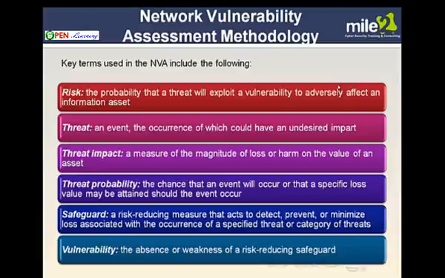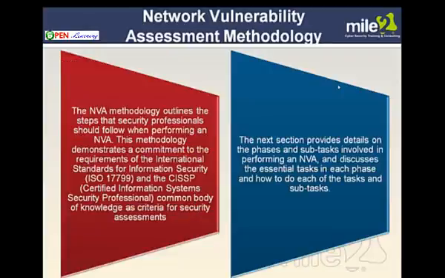Many times when we think about doing vulnerability assessments and then putting some sort of safeguard in place, sometimes called countermeasure or control, a lot of times we consider it to be reducing the risk, not necessarily eliminating the risk. Vulnerability is when we don't have that risk-reducing safeguard, the absence or the weakness of the risk-reducing safeguard.